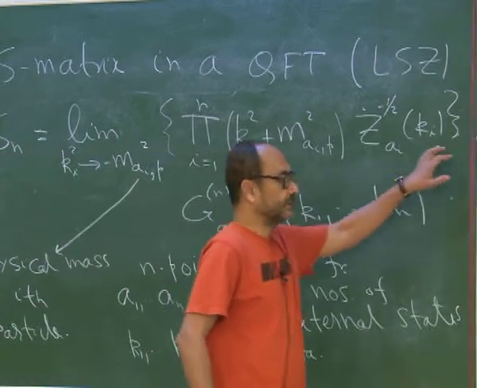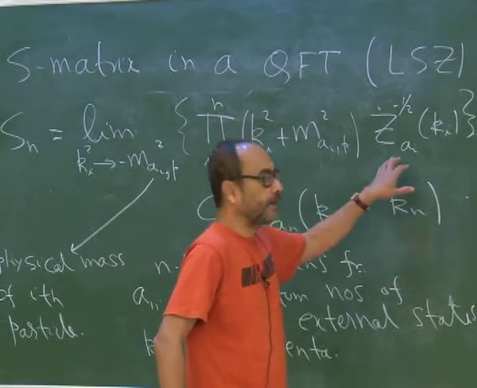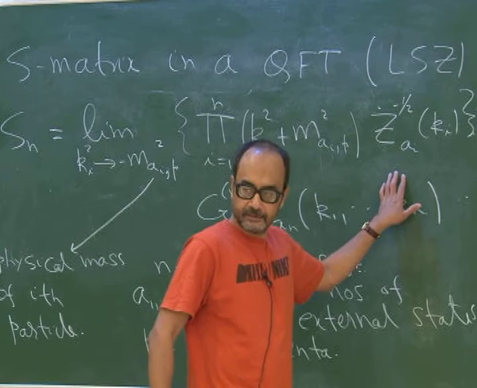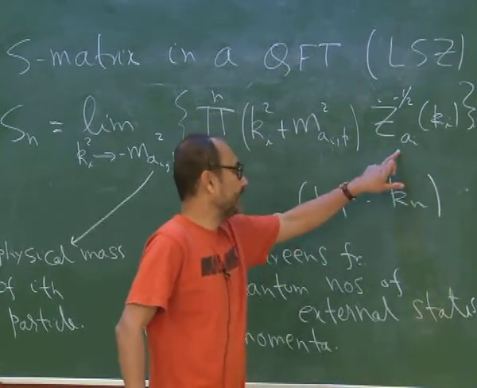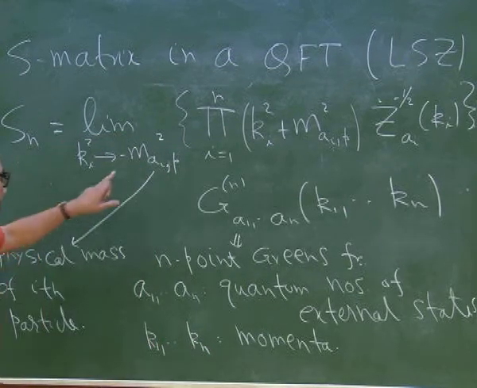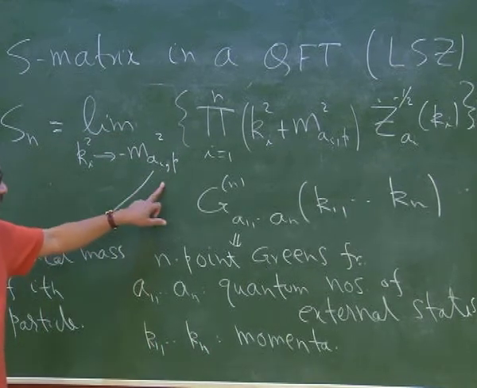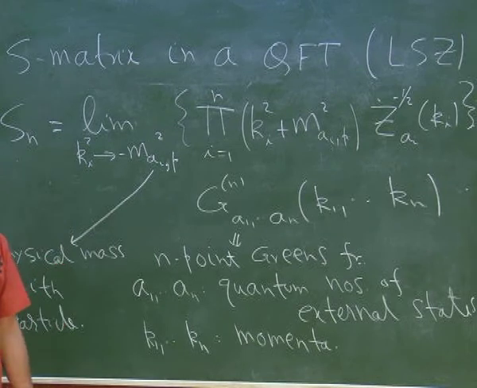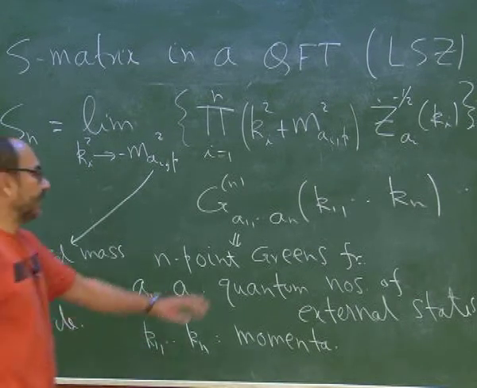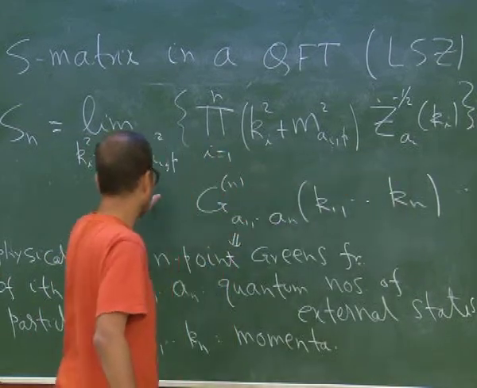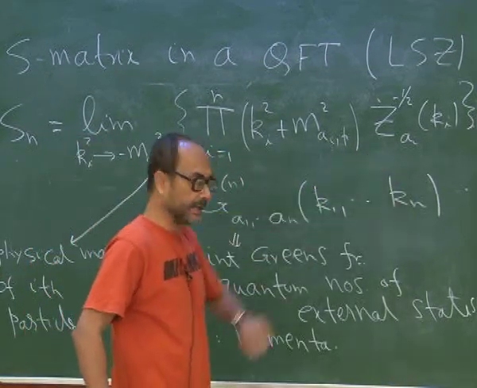And this Z is what is called the wave function renormalization factor. These data, Z and m_{a_i,p}, are in turn given by the 2-point function, which I am going to write down next. So these are computable in a quantum field theory, m_{a_i,p} as well as Z_{a_i}.